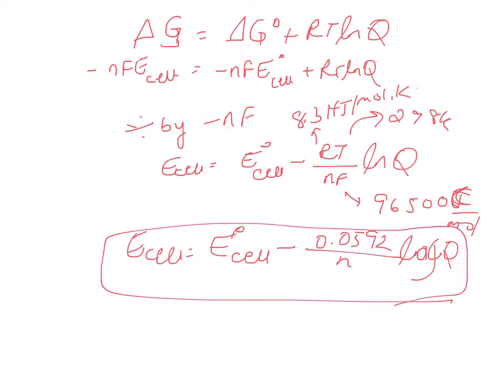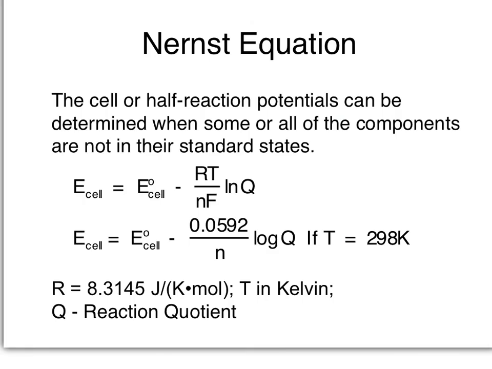So the Nernst equation provides you a relationship where E cell for the reaction or the half reaction can be calculated under non-standard state conditions, when one or maybe all of the components are not present in their standard state, but you would still be able to determine the value of E cell. You call that equation the Nernst equation.